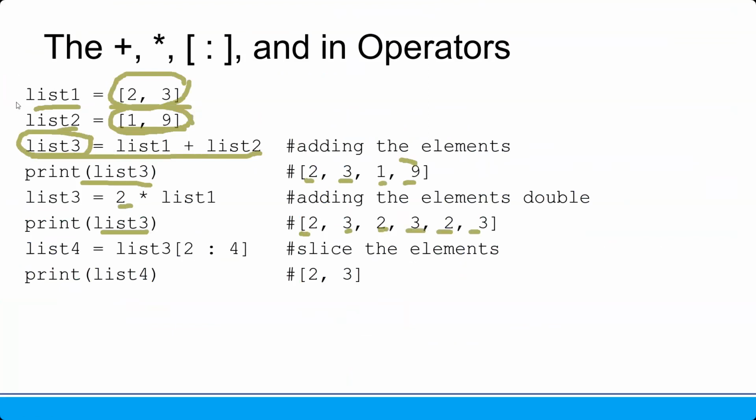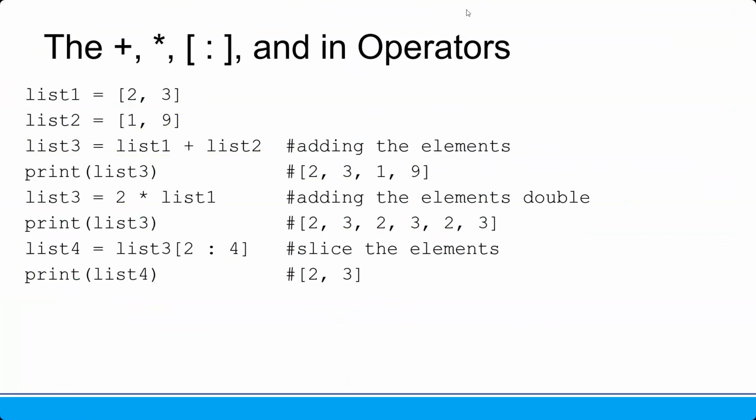Now, I have this operator. What does it mean? We call this a slice. So we want to cut the data. I want to get the data from index 2 until index 4. Actually, it is the same as range.